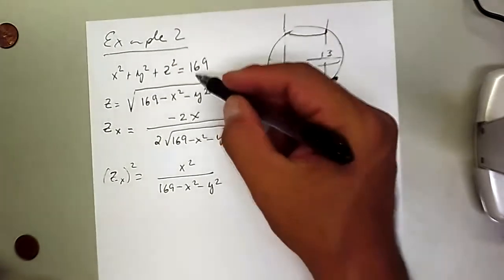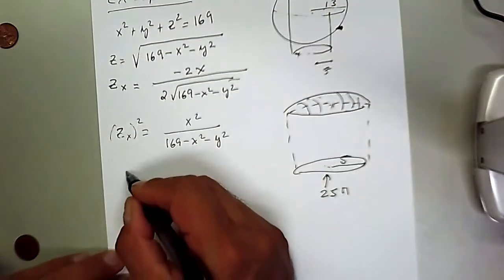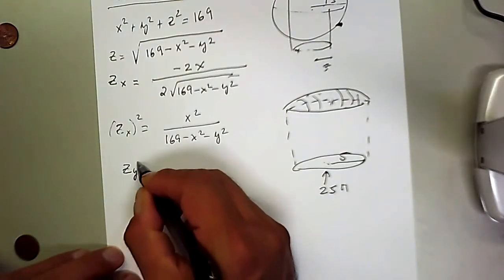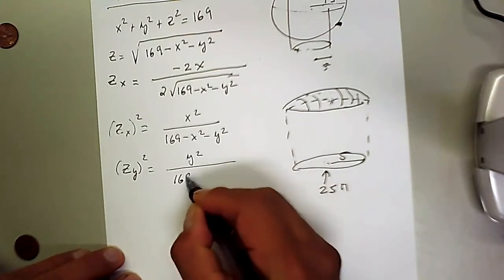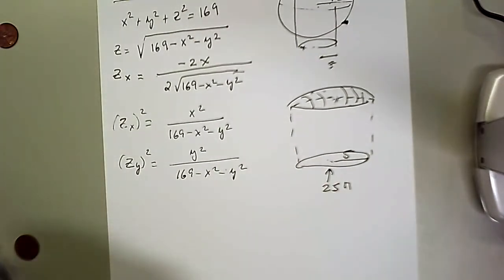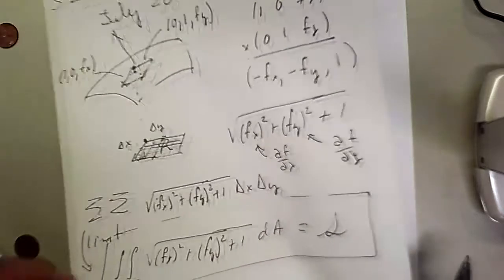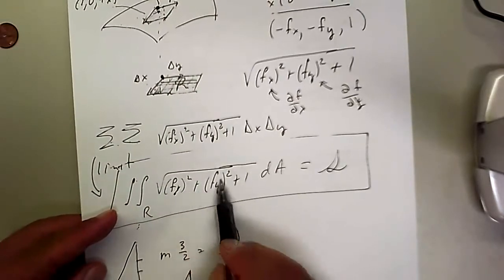Okay, this is totally symmetric with respect to x and y. So it is reasonable to expect that z sub y squared will also be y squared over 169 minus x squared minus y squared. I'm trying to put together this part of the integral. So we got this part squared, this squared.